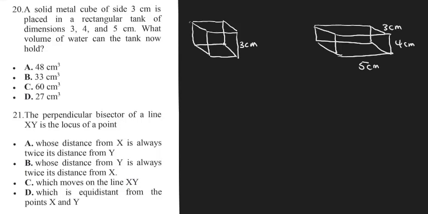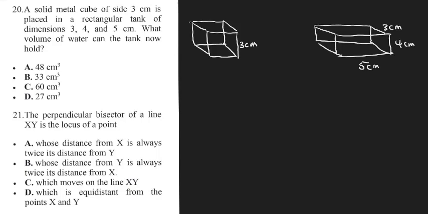If you put this cube inside this tank, of course you know it's going to fill a specific space. The space that this metal cube occupies, water will not be there.